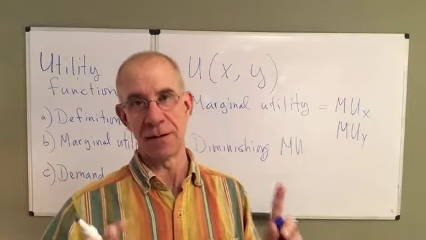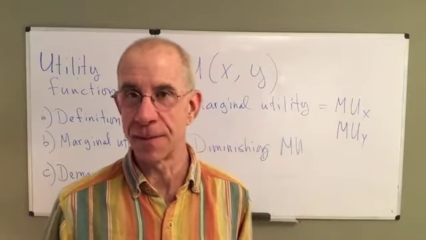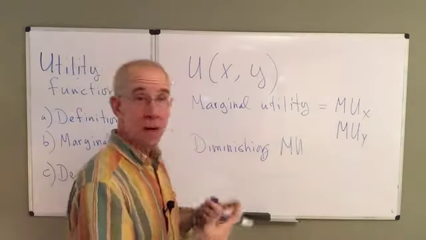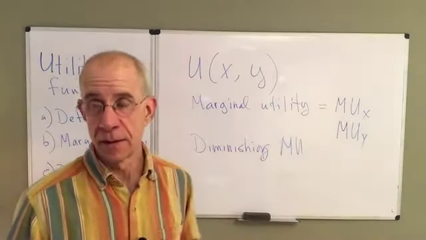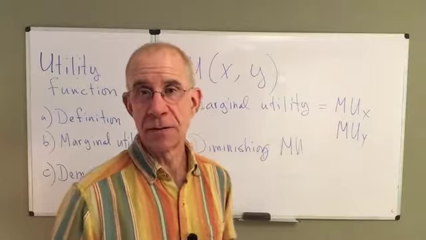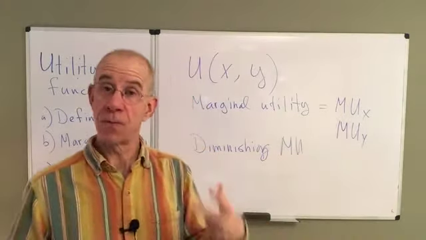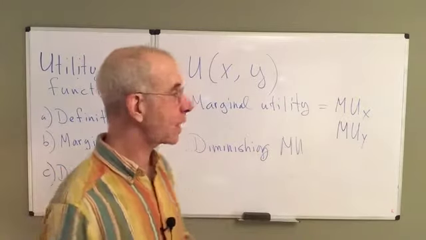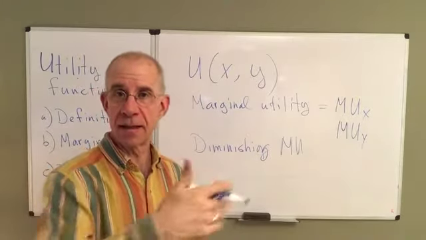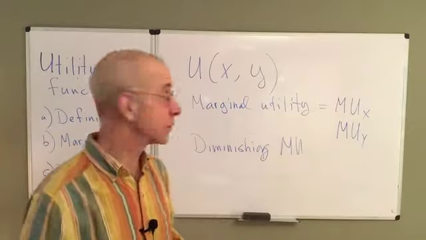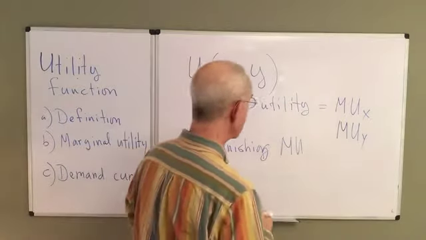At some point, you get tired of something. For a lot of what you do in an economics class, you assume that there's diminishing marginal utility from the start, so that you get less and less benefit the more and more you consume of a good.